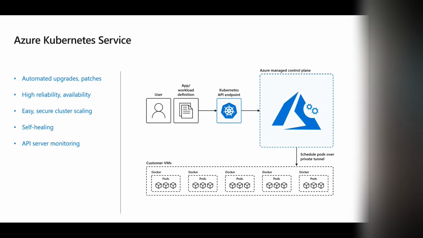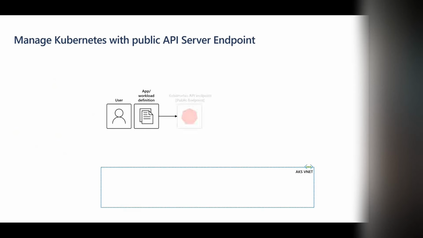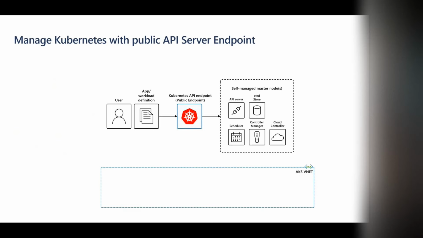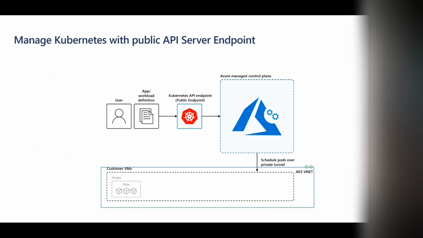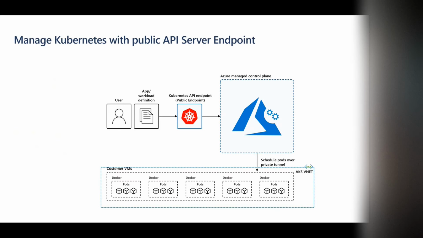So what is this feature? Before we go any further, I want to spend a minute on this diagram, which shows that when you deploy an AKS cluster with a public endpoint, you are able to access the API server. And what is the API server? It is basically the management plane of your Kubernetes, or application management plane.